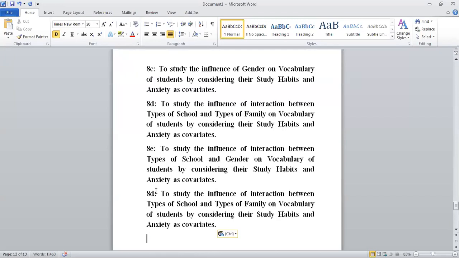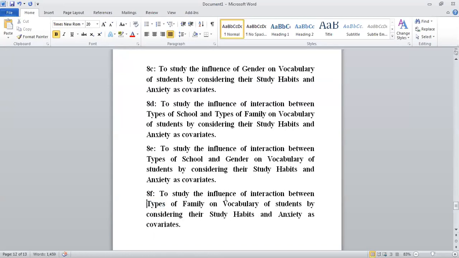And your F will be to study the influence of interaction between the types of family and gender on vocabulary of students by considering their study habits and anxiety as covariates.